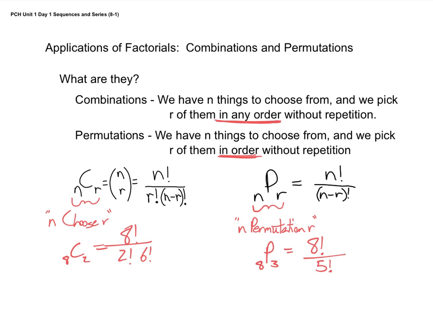So, any questions? Yes? What's the parentheses n over r? Yeah. That's another kind of notation for combinations. You may see that. I don't typically use it because it looks like either a 2x1 matrix or it looks like vector notation.